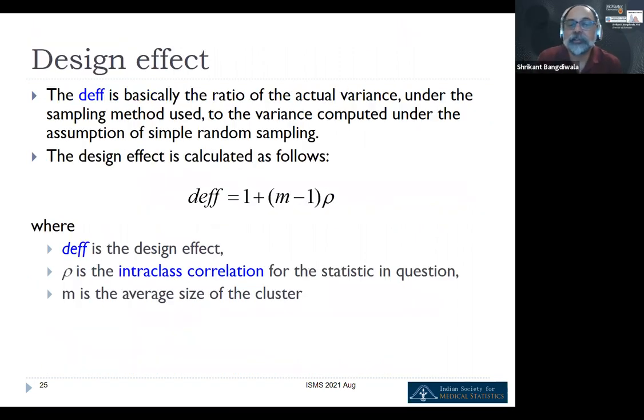This is just a terminology that sampling statisticians call variance inflation factor, but it's exactly the same thing. It's basically taking the amount of correlation there is within a cluster or group, the average group size, M, and you notice that this is then going to be something that is greater than 1. And to the extent that it's greater than 1, it increases or inflates the variance and affects the sample size calculation. How does it affect the sample size calculation?